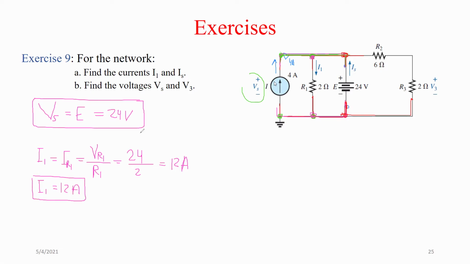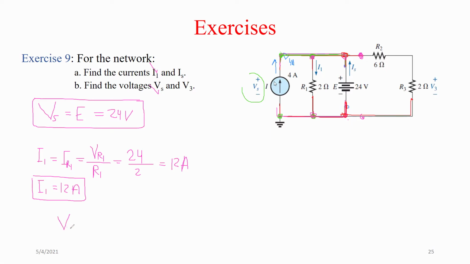We got another one. We got this and we got this. Now we can do V3. We can do the divider, or we can find the current. Both are fine. So what is the voltage between these two points? Total voltage here, 24. These two resistors, 6 and 2, are connected in series, so I can use the voltage divider.